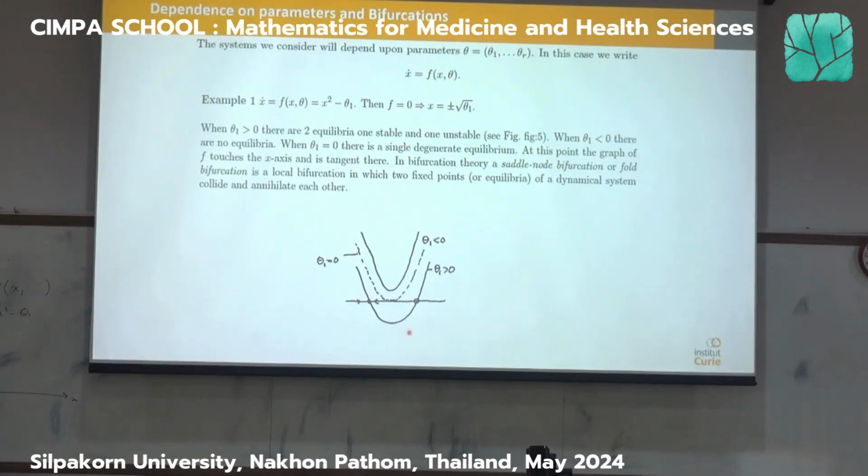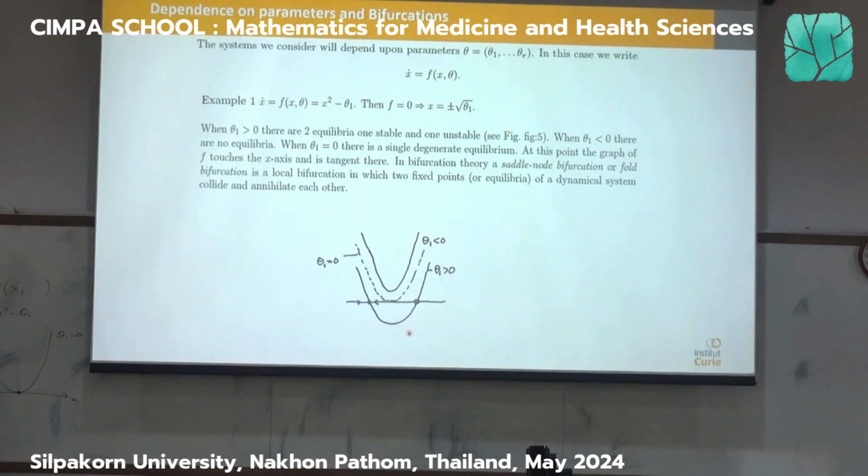As you can already see on the picture, the drawing will depend on theta 1. So if I have theta 1 equals 0, I'll get this. And as you can see, I have only one steady state because I cross x equals 0 only once.